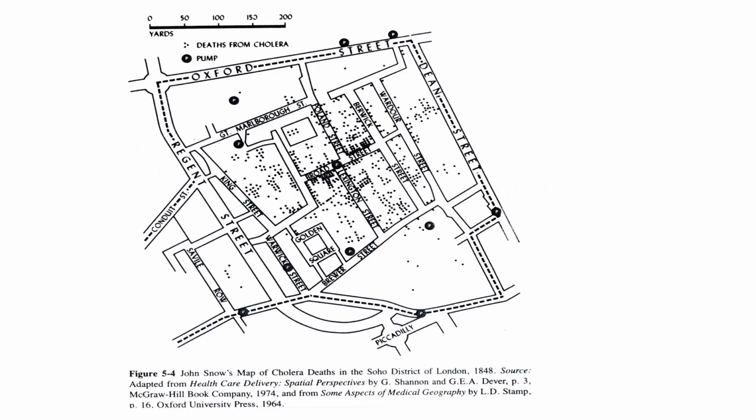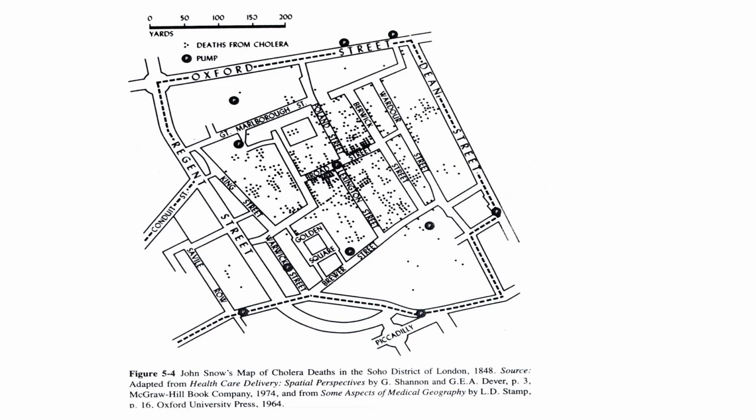And since he has this suspicion about water being the source or the cause of cholera, he also plotted the water pumps where people used to pump water and take to their homes every day. These are the locations of water pumps, the black circles with P in the middle that you can see in this map.